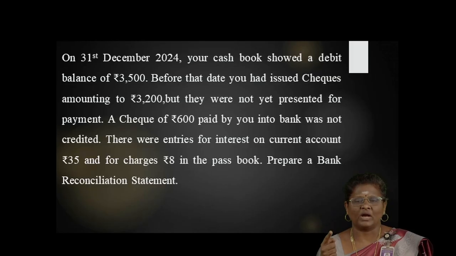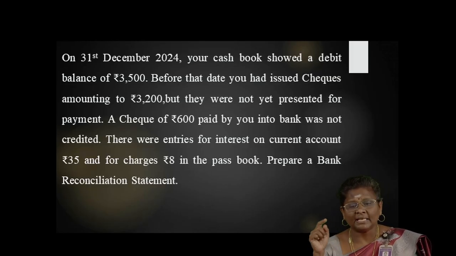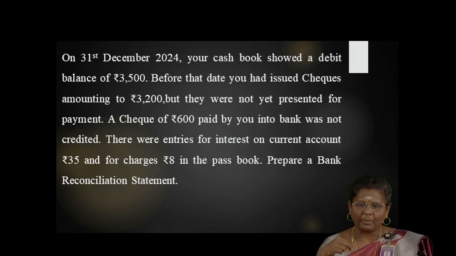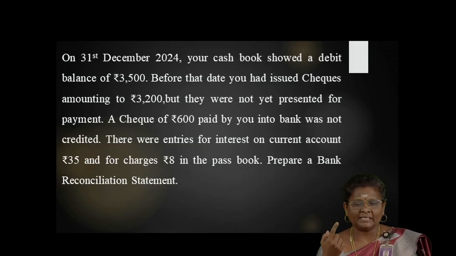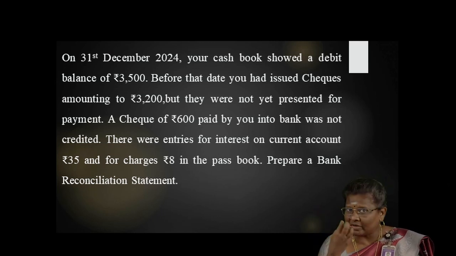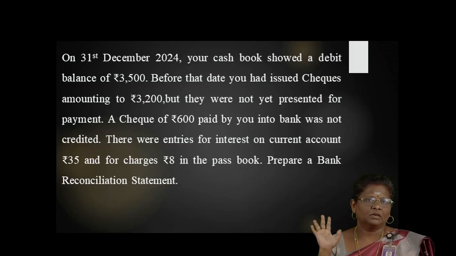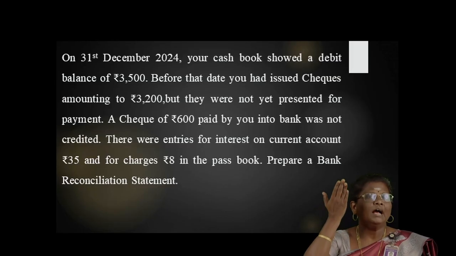Then the next one, a check of rupees 600 paid by you into the bank, was not credited. So we received a check from someone and entered it in the cash book, so the cash book balance is high.